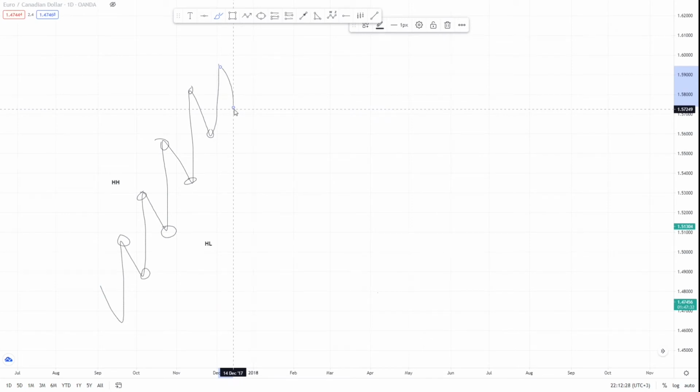But what if the market does not actually create a new higher high, does not push through the previous higher high, but creates a resistance level below the previous higher high? That should give you a sign that, oh, the market might be changing direction.